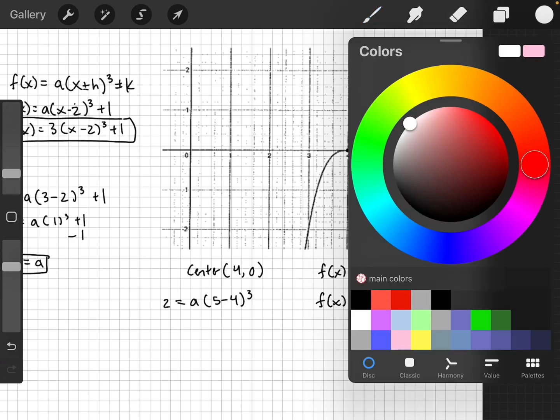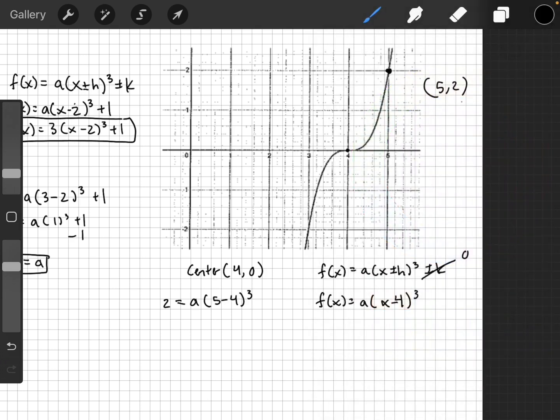So 2 equals a times 1 cubed, so a equals 2. So f of x equals 2 times (x minus 4) cubed.